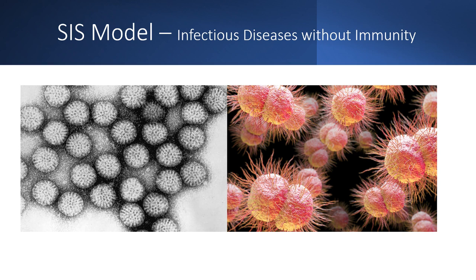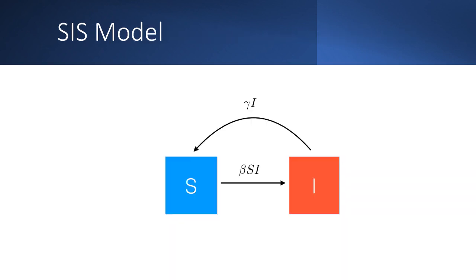So when you have a case like that, you can group the individuals within the population into two classes, infected and susceptible. It's either you have the disease or you are susceptible, or capable of getting infected. Examples of such diseases include the rotavirus, some sexually transmitted infections like gonorrhea, and other bacterial infections.